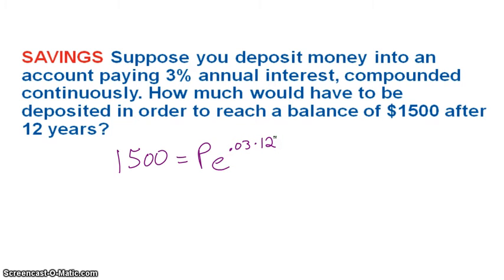So, though this seems complicated, since e is a number, I've essentially got something like 2x, where 2 is kind of like this. It's just some sort of number times an unknown variable. So I can just divide both sides by my power of e.